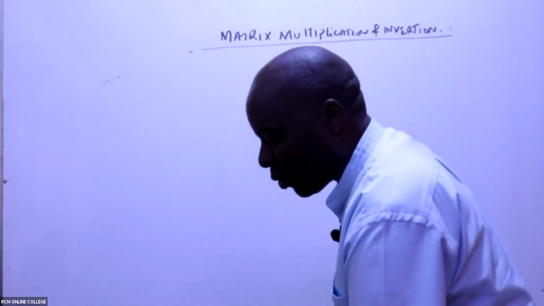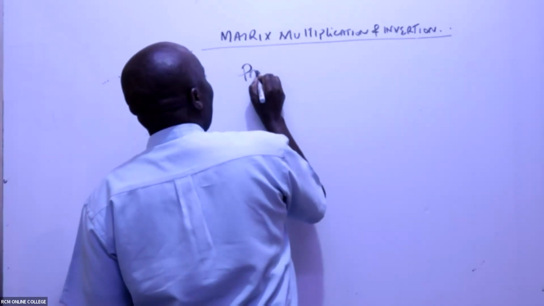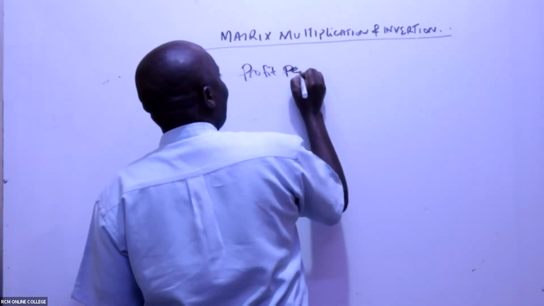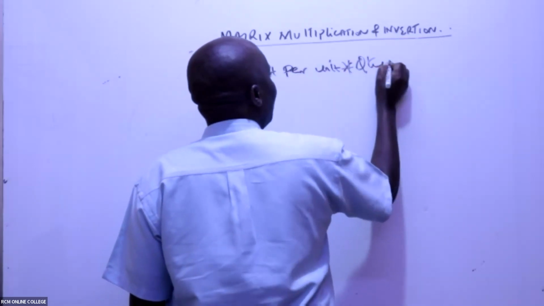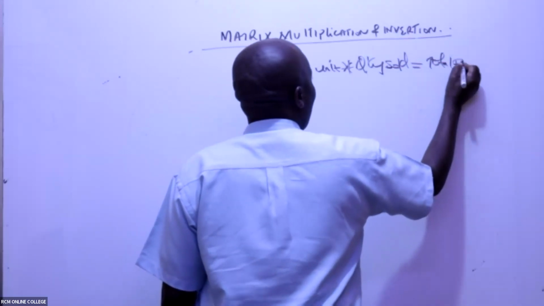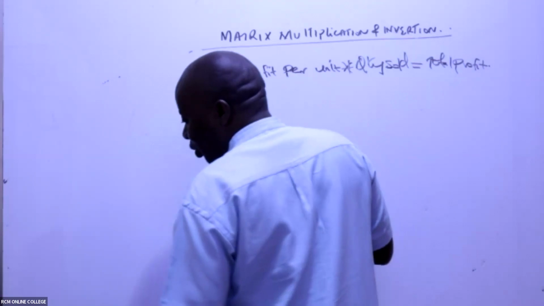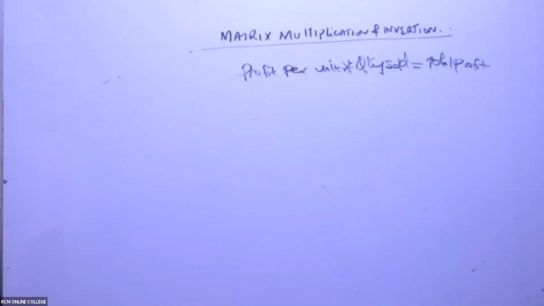My total profit will be like this: you take profit per unit and multiply it by quantity sold to get what we call total profit. So if they want me to give them total profit, I will take profit per unit times quantity sold.